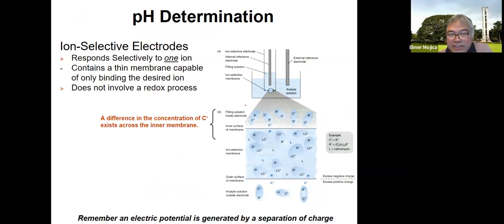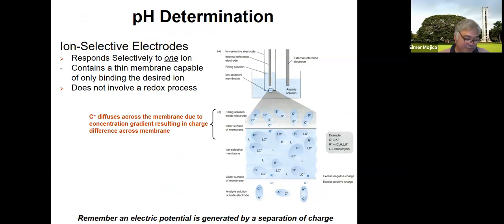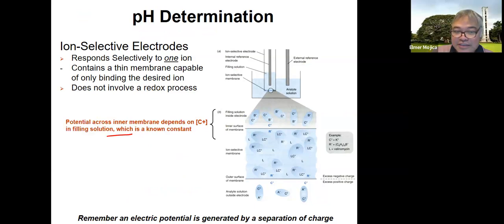There is also a difference in concentration existing across the inner membrane. As you can see, the K+ that diffuses across the membrane due to the concentration gradient results in a charge difference across the membrane, so there is generation of a potential difference. The potential across the inner membrane depends on the concentration in the filling solution, which is a known constant.